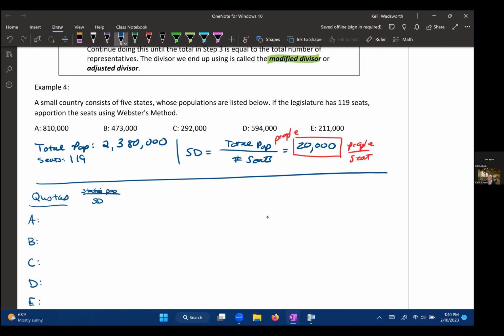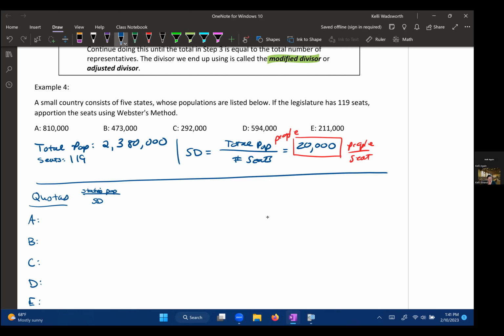That's how you find what I like to call the standard quota, because it's the first quota you get using the standard divisor. If you have to modify the divisor, you're going to get a different quota, which is a modified quota, even though those words usually aren't necessarily listed.